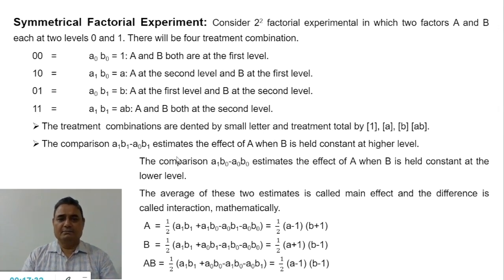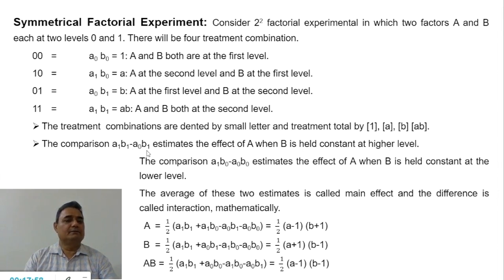The treatment combinations are denoted by small letters like 1, a, b and ab, and their totals are represented by [1], [a], [b], [ab] in square brackets. The comparison A1 B1 minus A0 B1 will estimate the effect of A, since B is kept constant when B is held at higher level.